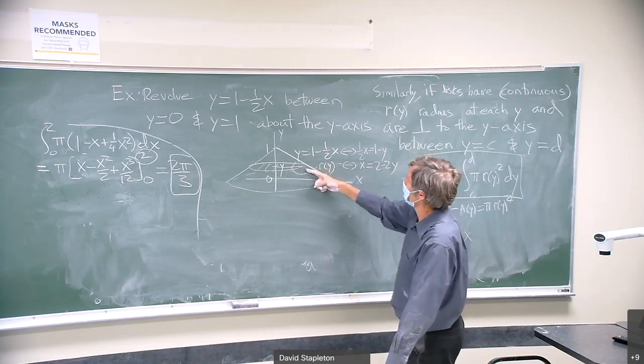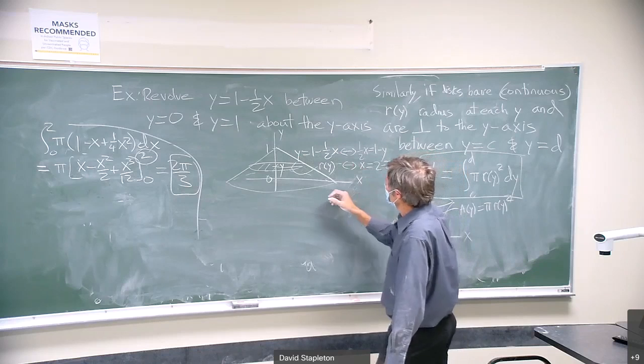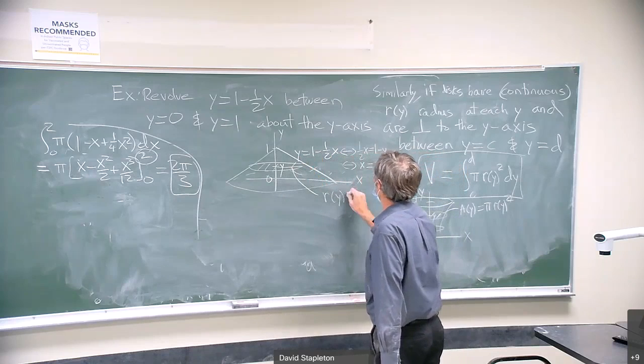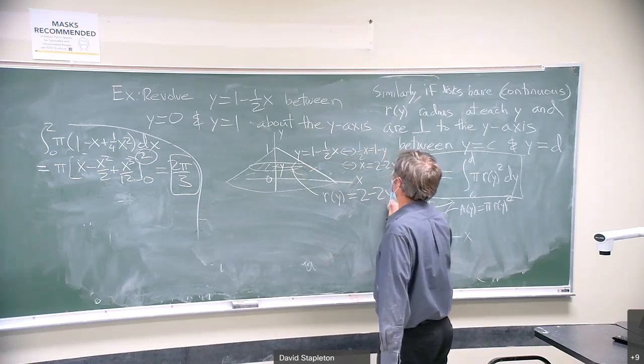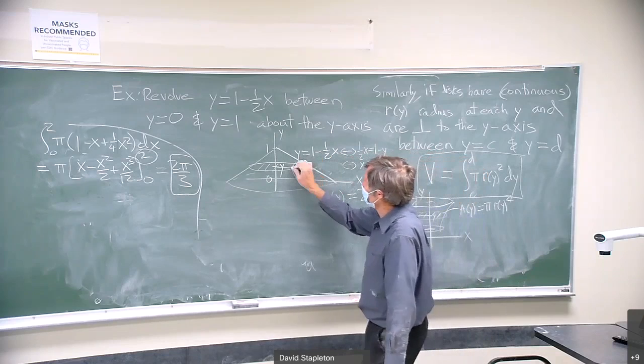So this curve y equals 1 minus a half x is also the curve x equals 2 minus 2y. That's the radius. The radius at any y, r of y, is 2 minus 2y by writing x as a function of y. That's the trick to this method.